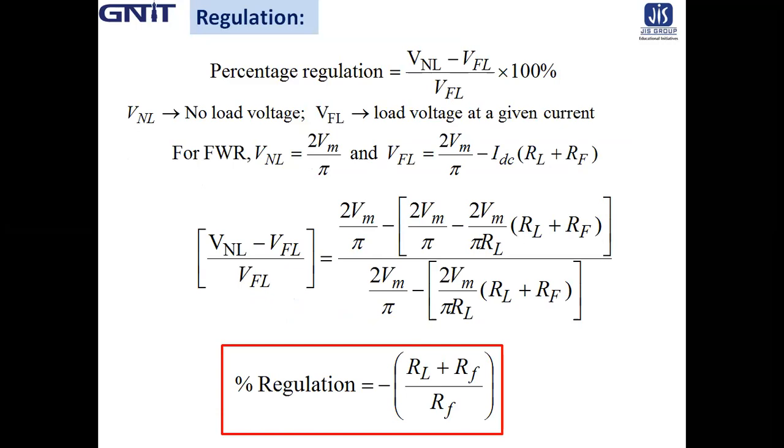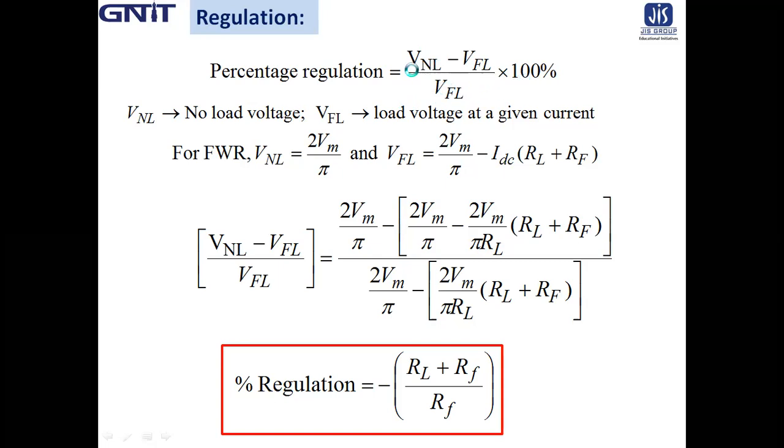Regulation is defined as the variation of the DC output voltage with changes in the DC load current. So, percentage regulation equals (VNL minus VFL) by VFL into 100%.